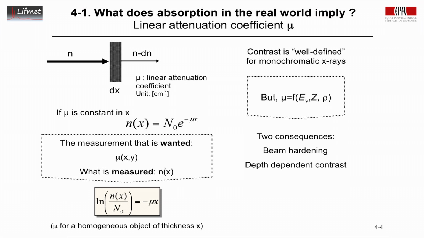So the linear attenuation coefficient depends on the energy of the photon, mu of E. And so we have a higher absorption typically at the lower energies. So that means that the low energies are being removed, and for the photons that pass deeper into tissue, the average energy increases. And that's what's called beam hardening. And because mu is dependent on the photon energy, we are getting a depth-dependent contrast.